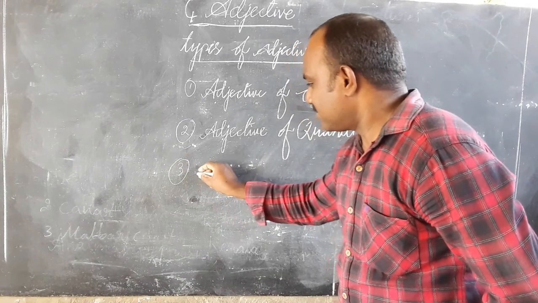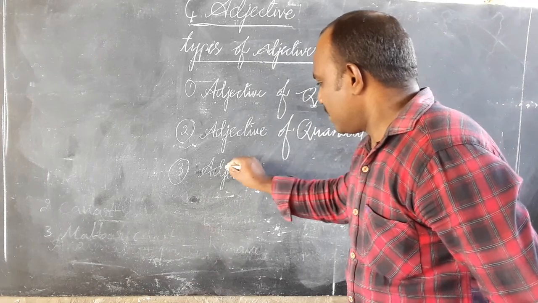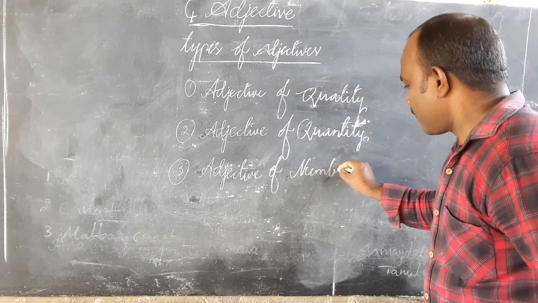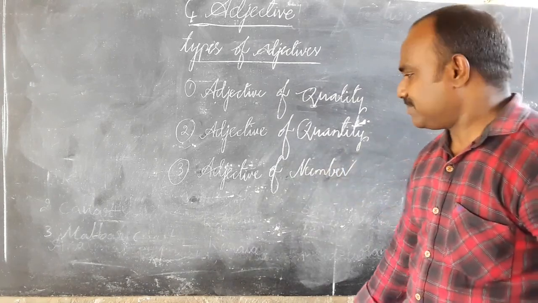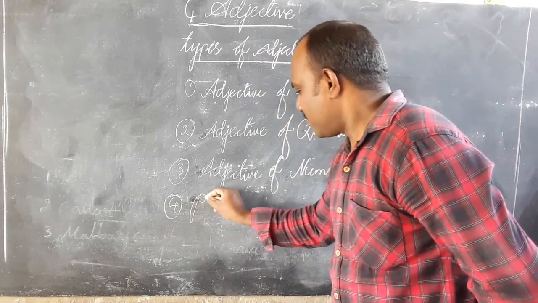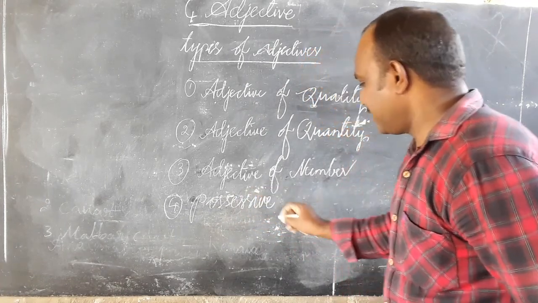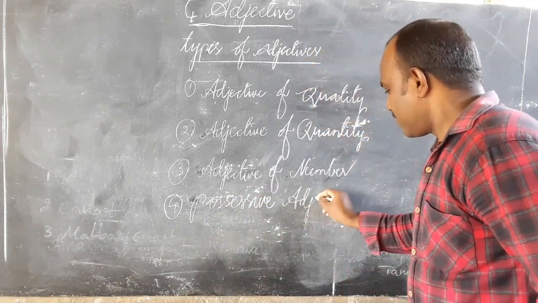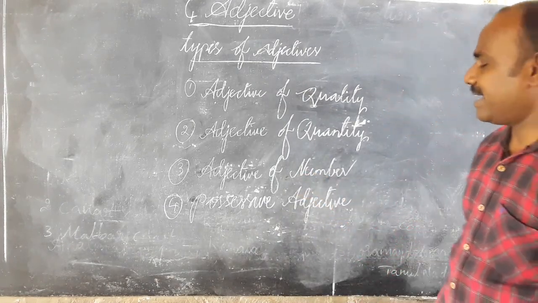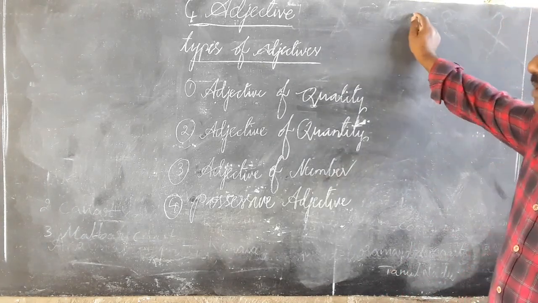Third one, adjective of number. Fourth one, possessive adjective. So these are the types of adjectives.